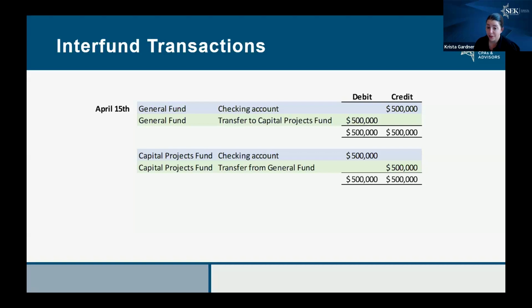On the capital projects fund, we show the money coming into that account, so a $500,000 debit, and then we show a transfer from general fund or a revenue account, a transfer in of $500,000. So here's where the money is actually being moved at that time, and then we're recording those transfers. The transfers need to balance, and then each fund needs to balance.